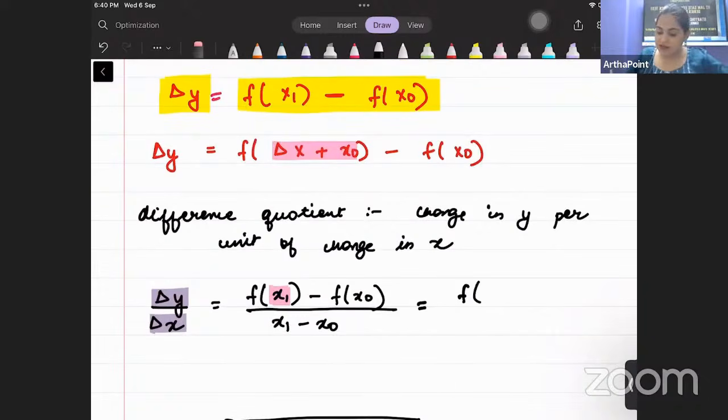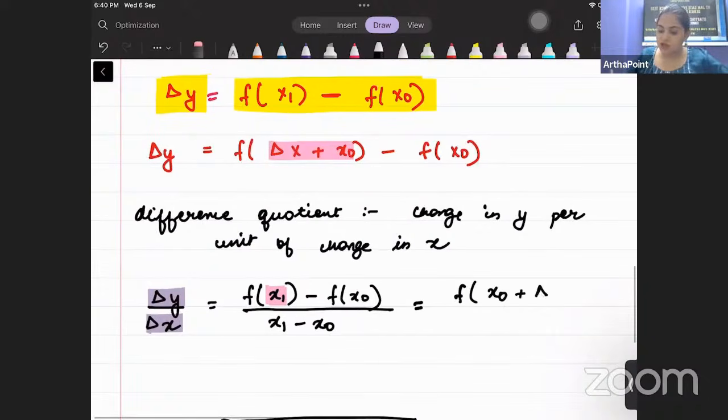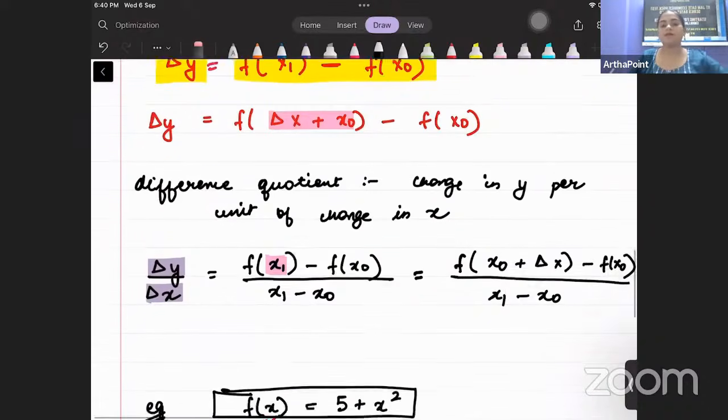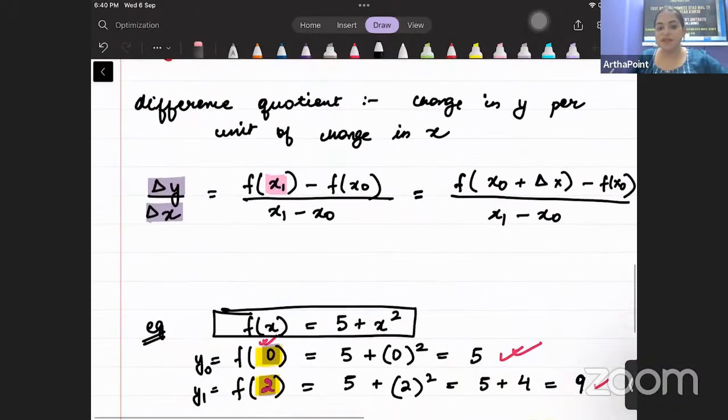So I will write this as f of x naught plus change in x minus f of x naught, upon x1 minus x naught. Clear? Beta, this is called the difference quotient, and this is also called the average rate of change of y. What is this called? The average rate of change of y.